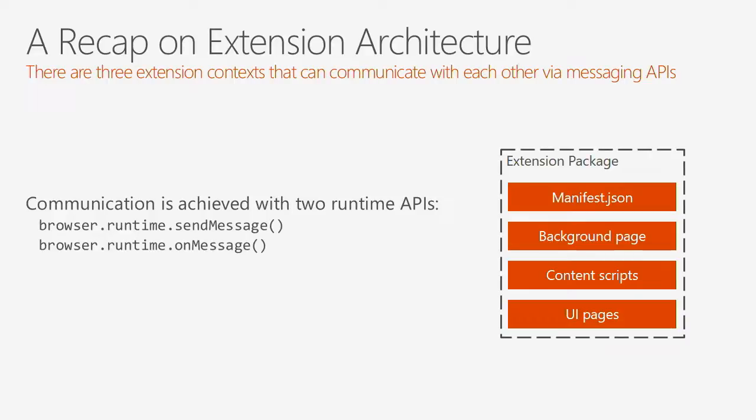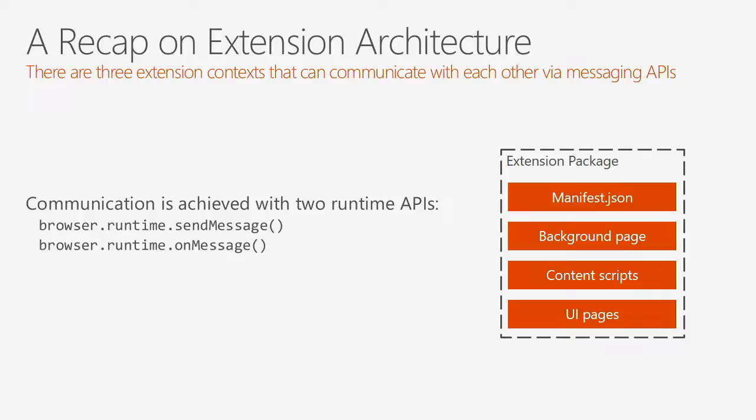And there are also UI pages. This is an umbrella term for any HTML file that's served from the extension package. An example is when you click the extension icon next to the toolbar and get that drop-down pop-up. Another example is the options page for an extension. It's just an HTML file that sits within the extension package and is served to the user.